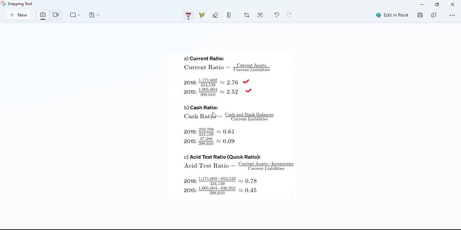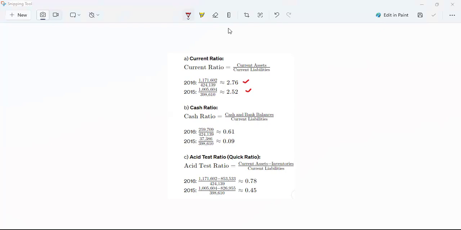Then the cash ratio is cash and cash balances over the current liabilities. So it looks at what cash is available to meet immediate cash obligations. So you need to add the cash and cash balances or cash and cash equivalents.